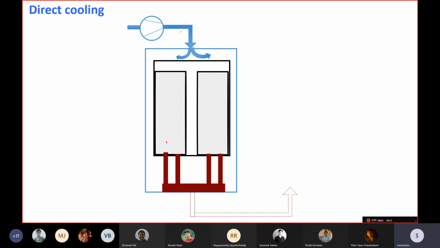So we have N2 plus H2 at a stoichiometric ratio, compressed and introduced into the reactor. When you introduce it into the reactor, what will happen? The whole portion is sealed, so the gases are forced to flow through this and come straight down.